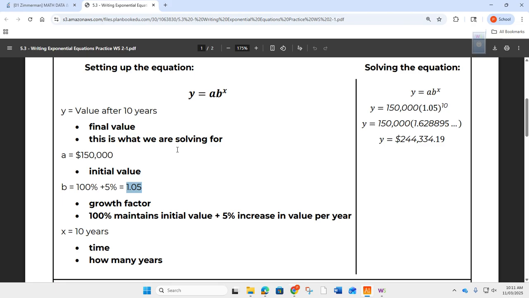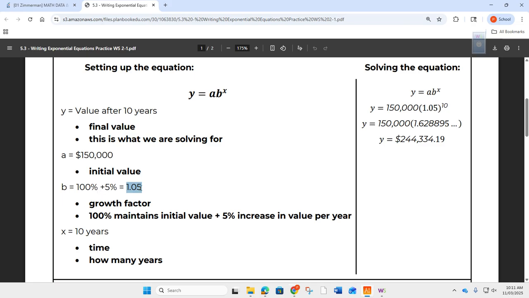So if we want an investment to grow, we want it to keep its initial value, which is 100% of your investment, and we want it to grow by 5%. So the initial $150,000 is 100% of $150,000. Does that make sense, Brady? If we want it to grow 5% more, that's 100% plus 5%, and we're going to turn that into a decimal for the growth rate.